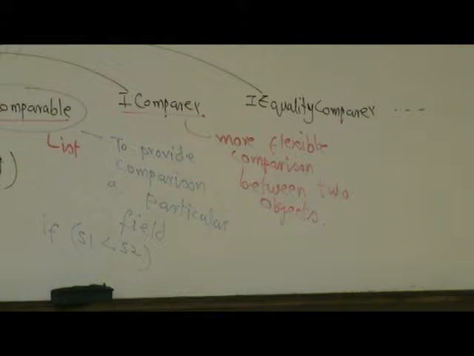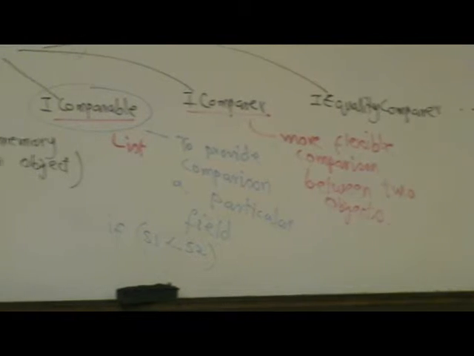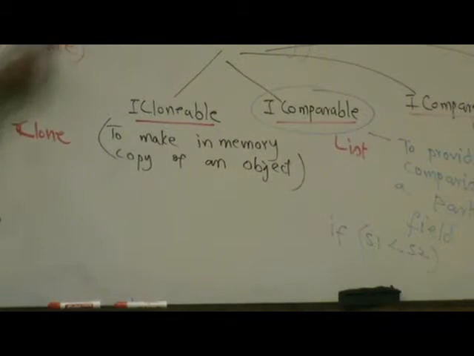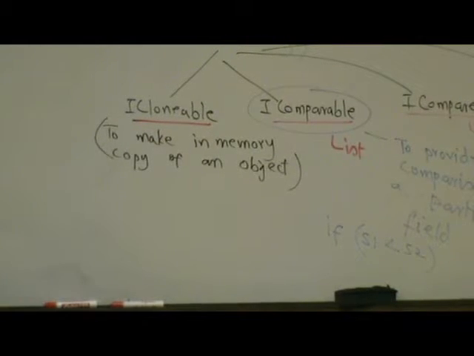So sometimes we can pick first name to sort on, sometimes ID, sometimes last name. So this is a little more advanced, but anyway, let me show you one by one the typical code for this. And then in your next assignment, you will use these capabilities. So let's start with the cloning first.